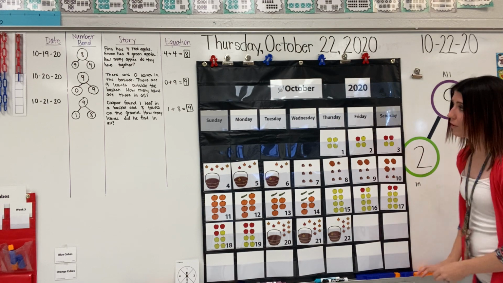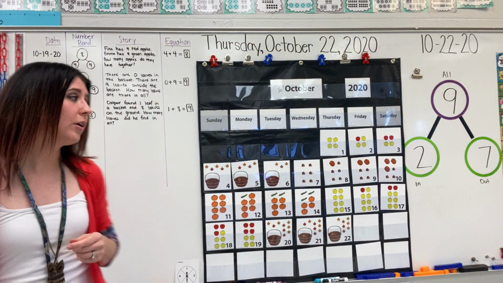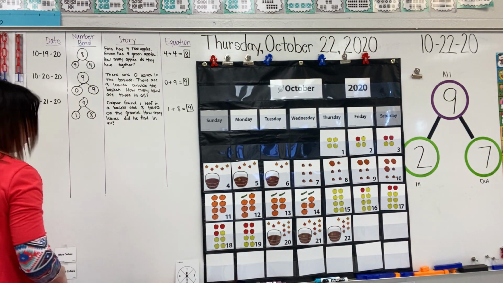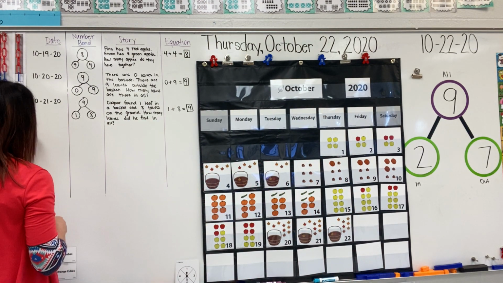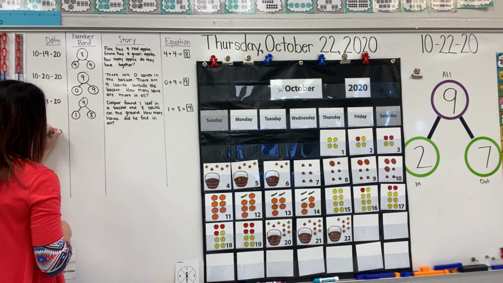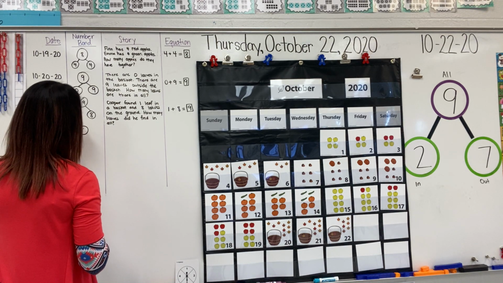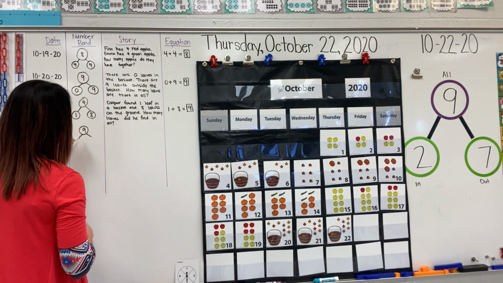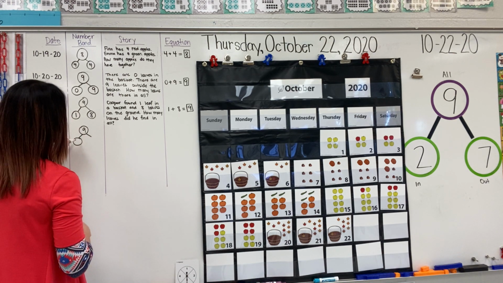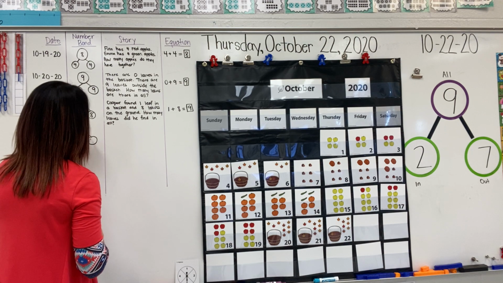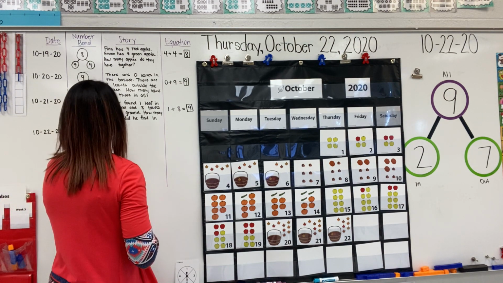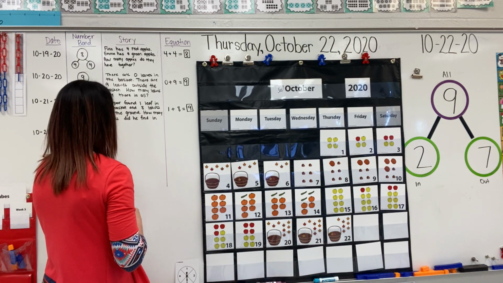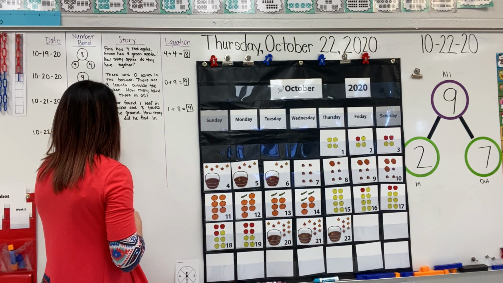Now we're going to come over here and we're going to tell a story about our numbers. So real quick, we're going to write 10 because October is the 10th month, and 22 because we're on the 22nd day of October. Then I'm going to draw my number bond again with my 9, and my 9 is broken into 2 and 7. And then I'm going to write a story. Let's make the story about Emma today.